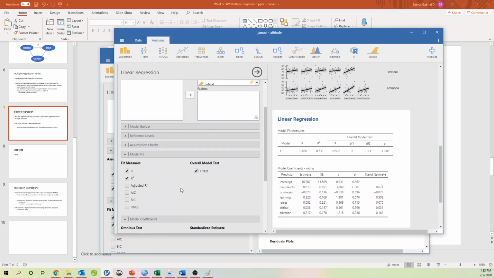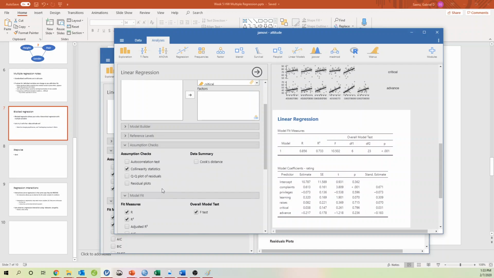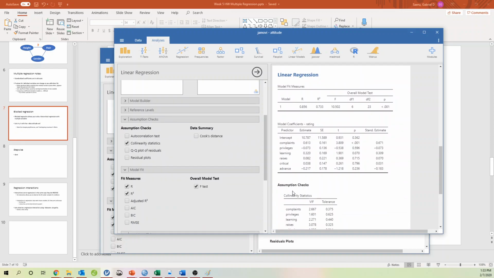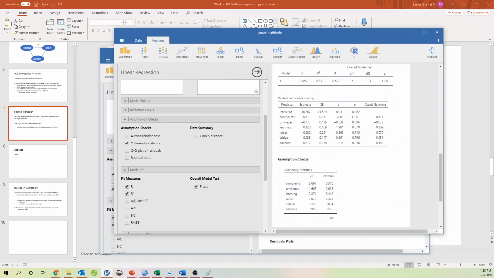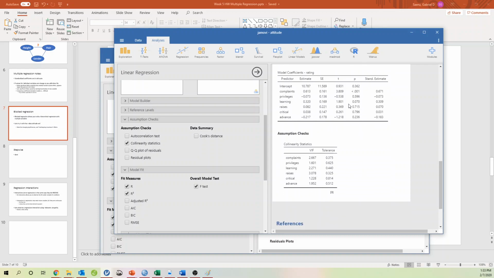I'm going to pick a variable that has a lot of overlap with the others. So most of these variables are not significant. If I go to my assumption checks, collinearity, the highest collinearity is with the complaints, no, the raises variable. And so raises here is a very not significant variable.